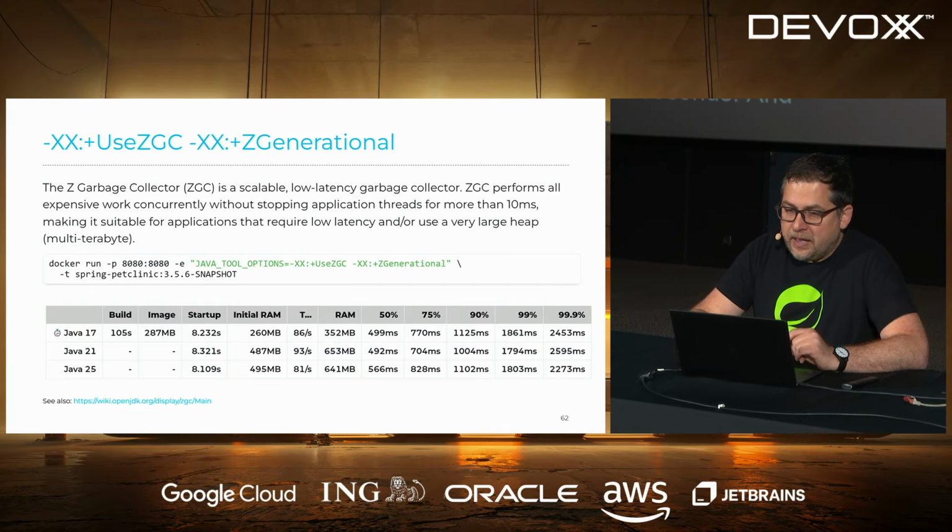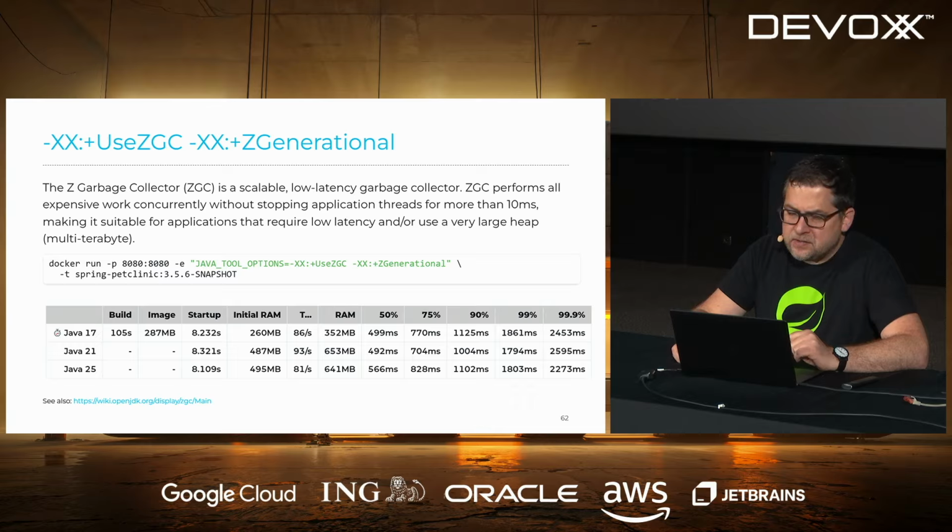And as you can see here, I used the Z generational option, which was meant for 21 to select it. Now in 25, that parameter is not needed anymore because the generational Z garbage collector is the default, right? And now the numbers look slightly better than before.